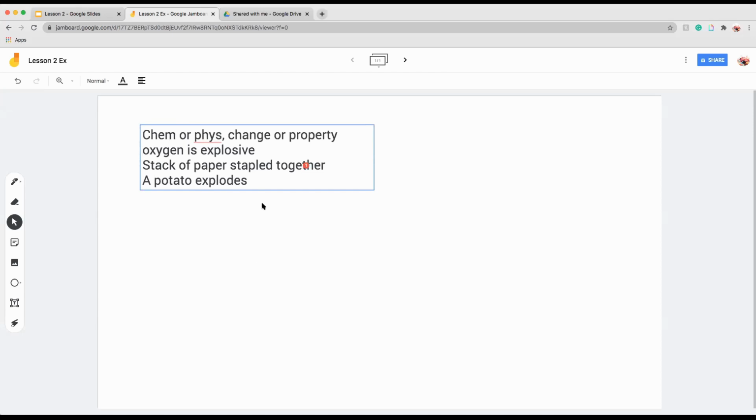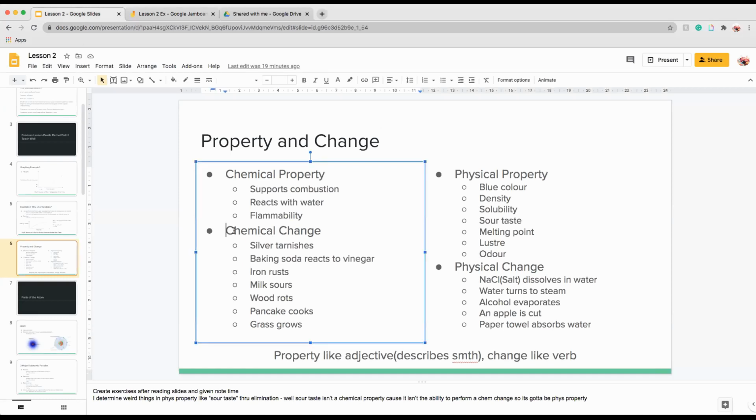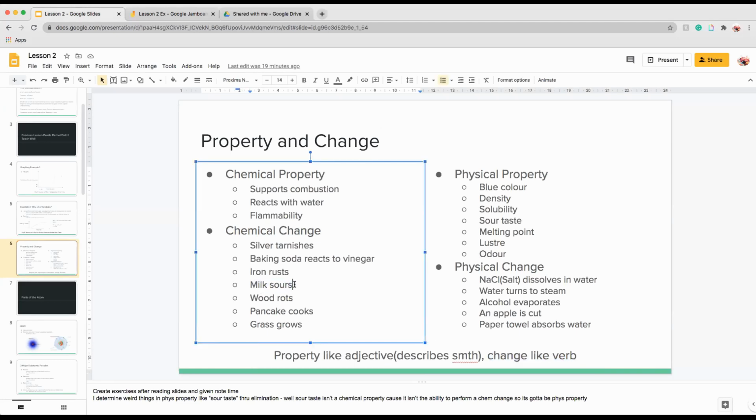So if something is explosive, in my lesson, I actually talked about that when you describe something as a change, it's usually used like a verb. So for example, milk sours. If you want to turn this into a chemical property, you can write it as milk can sour. Actually, I should write that under chemical property. Oopsie daisies. I'll do that later.